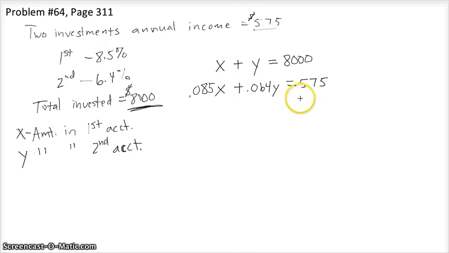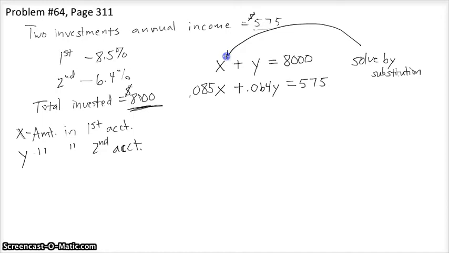Now from here, we could solve this by graphing, but I'm going to solve this by substitution. I'm going to solve for that x. I subtract y to the other side, so I get x equals 8,000 minus y.